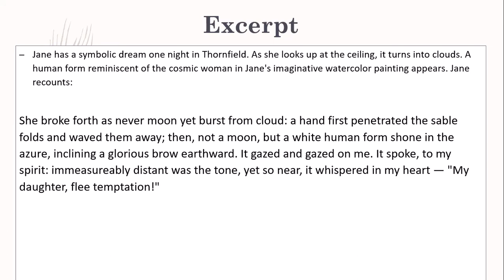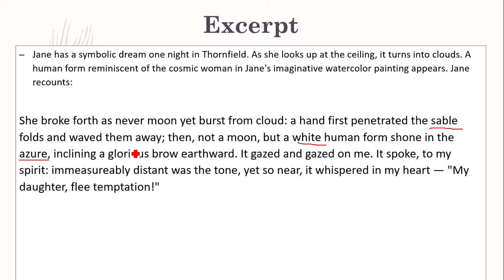Okay, so what do we have here? Jane's mother has died. That's why she was with her aunt. And this could possibly be her mother. We have these beautiful colors here. Sable, which is like a tan. Then we have a white human form shining through the azure, which is a deep blue. Glorious brow.